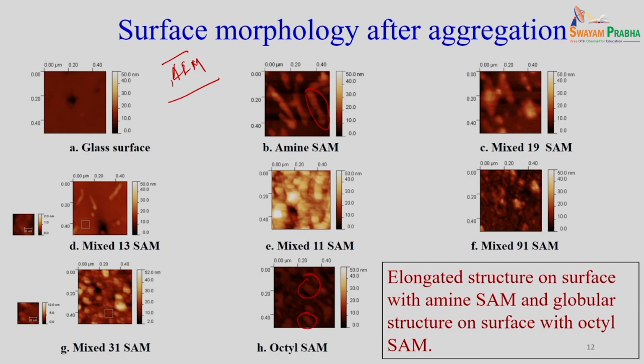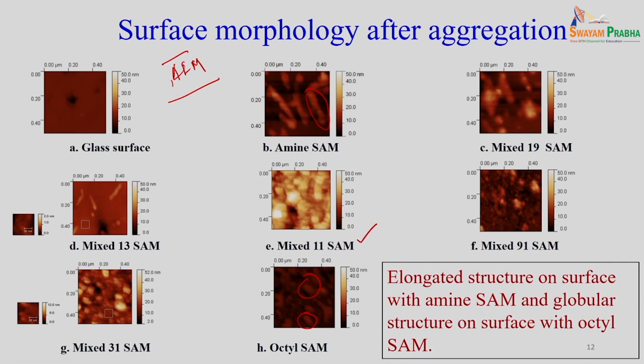So, this elongation is decreasing and ultimately it reaches the globular aggregates, and the maximum agglomerated structure is observed in case of the mixed 1:1 SAM.